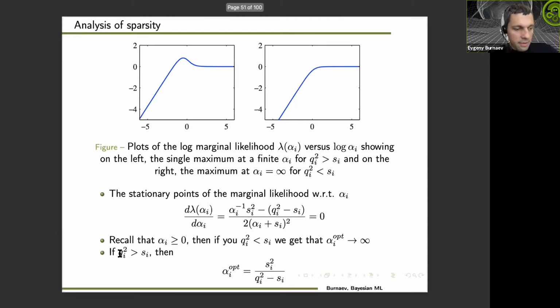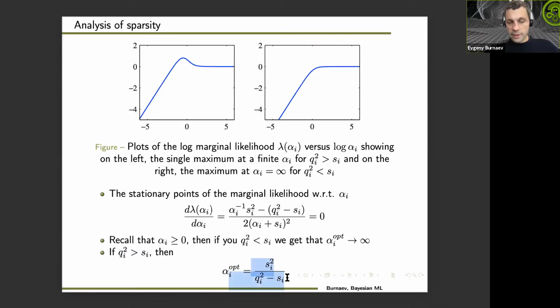However, if this inequality holds true, then the corresponding alpha takes some finite value. Here it is.